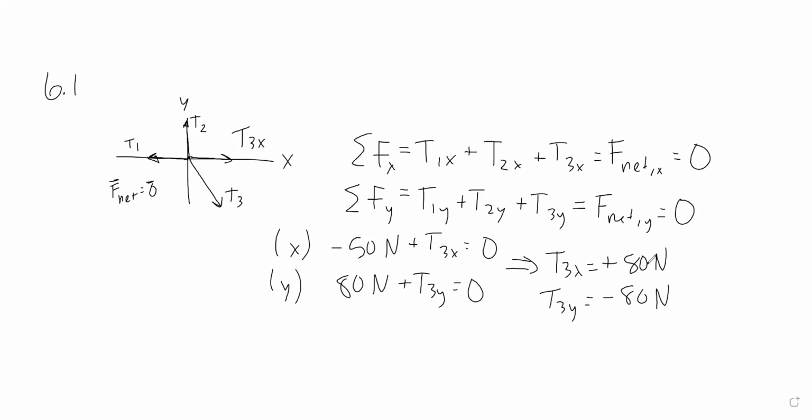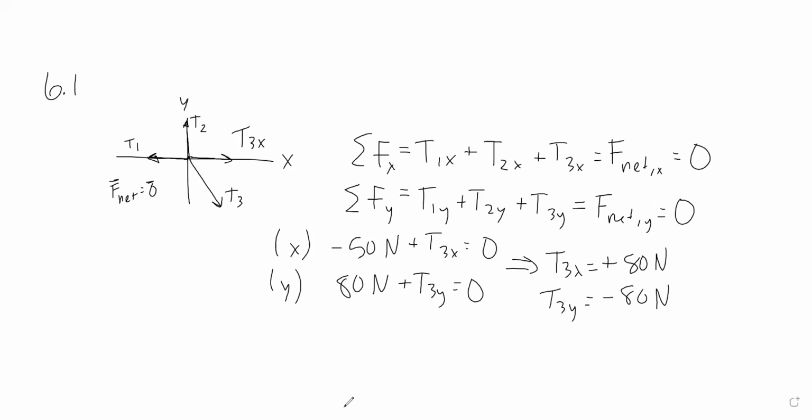If I'm not mistaken, though, the problem is asking for the strength and the direction of the tension in the rope. So you need to go a little bit further once you have the components. How do you find the strength of the vector if you know the components? Just use the Pythagorean theorem.